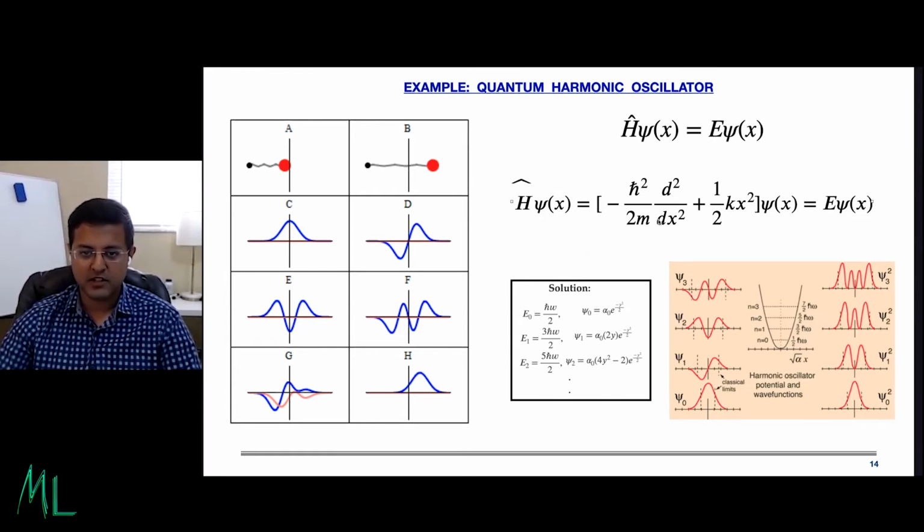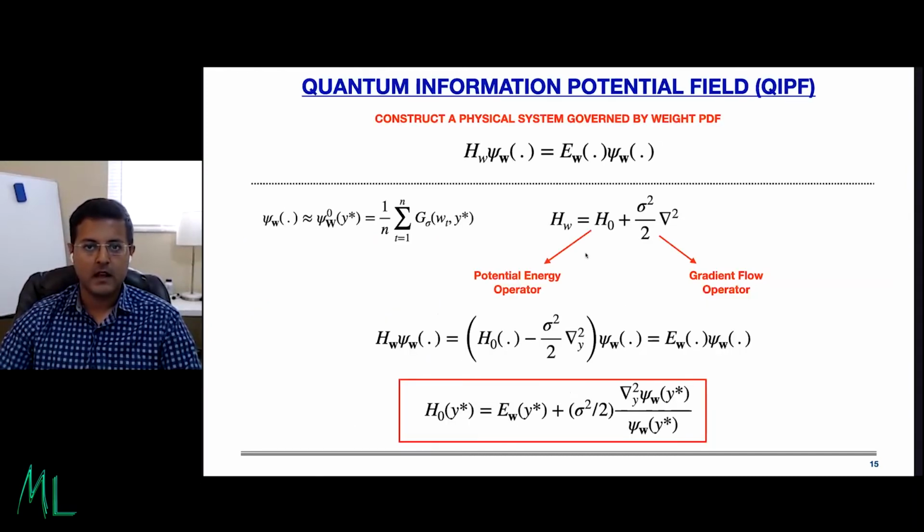In the specific equation of a harmonic oscillator, the Hamiltonian H is a set of two operators: one is the kinetic energy operator and the other is the potential energy operator. And once you solve this equation, you get a set of modes of the stochastic system, that is, the probability of the particle. This is what we want to do in the case of models.